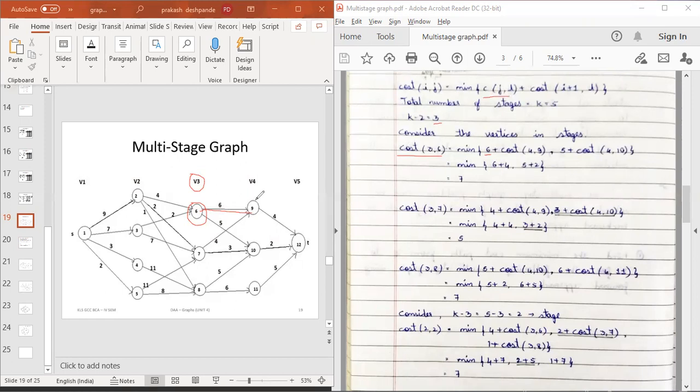That is nothing but the cost of 4, 9. 4 means it is placed in the fourth stage and vertex number is 9. So cost of 4, 9. This is the first path, right? If I want to reach the destination, then in the middle I may get this particular vertex. So if I know the cost of this vertex 9 and the edge cost I already know between the vertex 6 and 9, and then if I add those two, then I will get the cost of this 6.